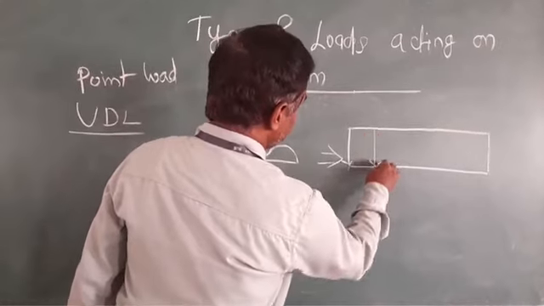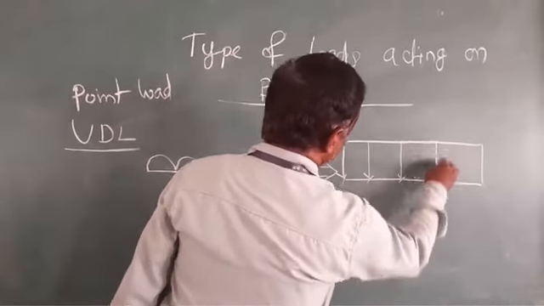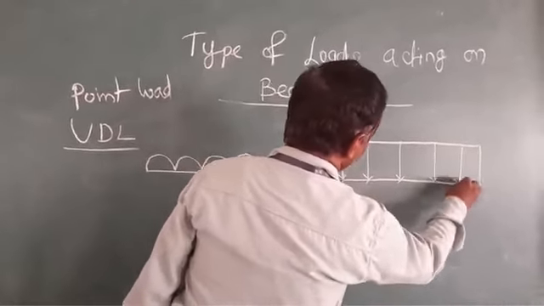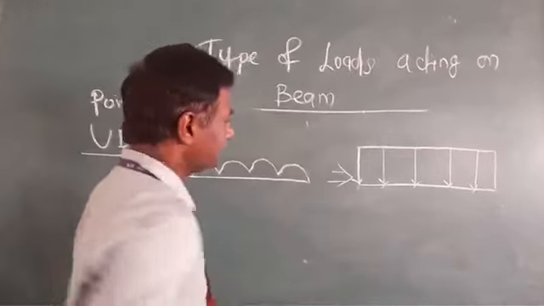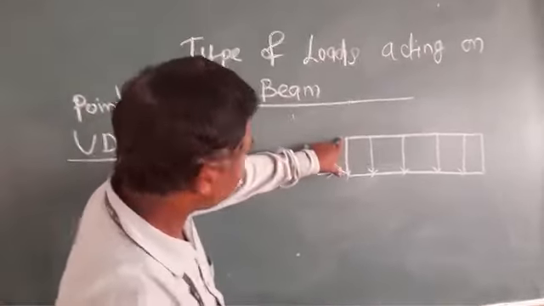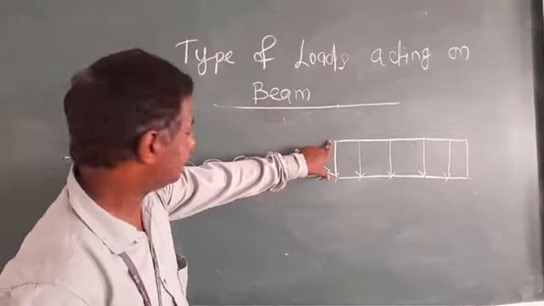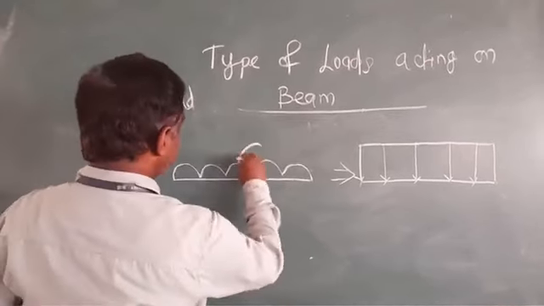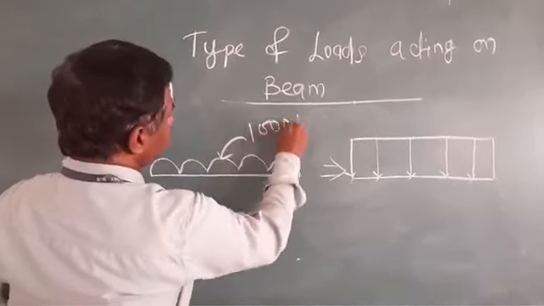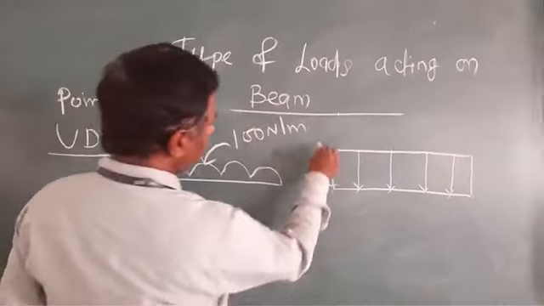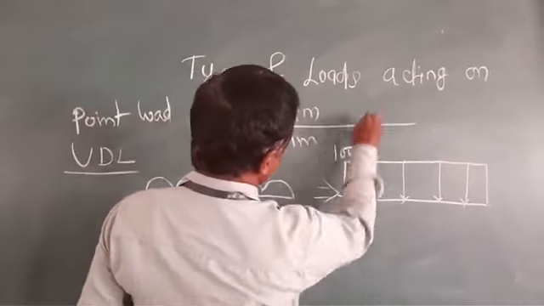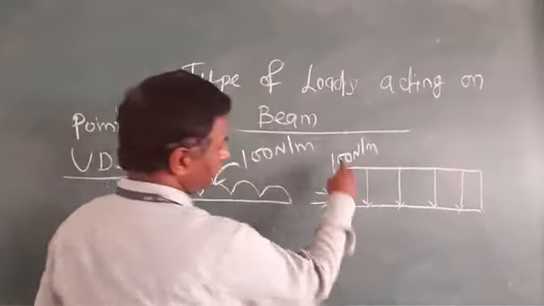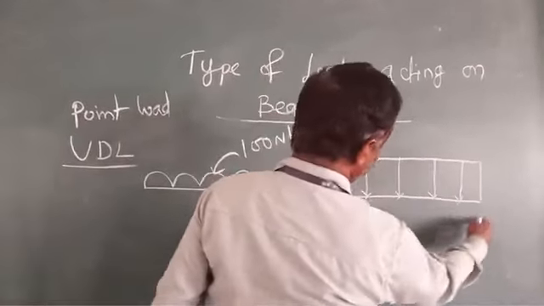It represents the downward load, and this height gives you the intensity of load, how much load it is. If it is given as 100 Newton per meter, then this height will be 100 Newton per meter, and it is uniform throughout the section.